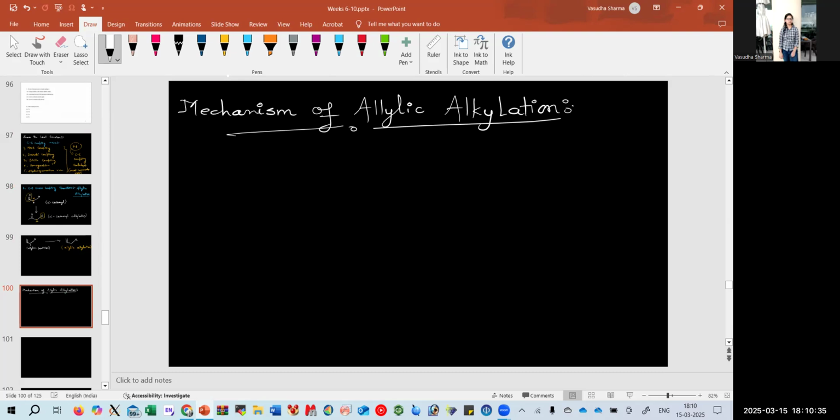As I mentioned, we will be using a palladium catalyst here. First of all, we have a square planar palladium complex that loses two of its ligands and forms palladium L2. Now the first part of the reaction is when we introduce an allylic group where X is a leaving group, because at this position you will be putting your R group.